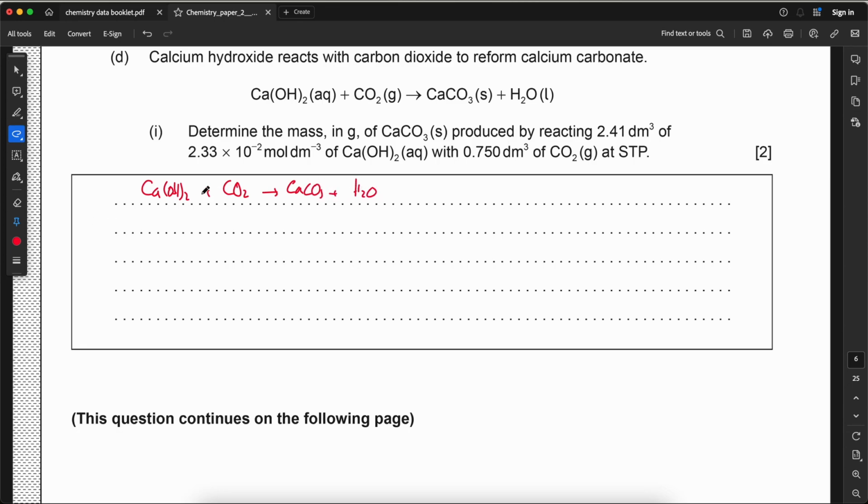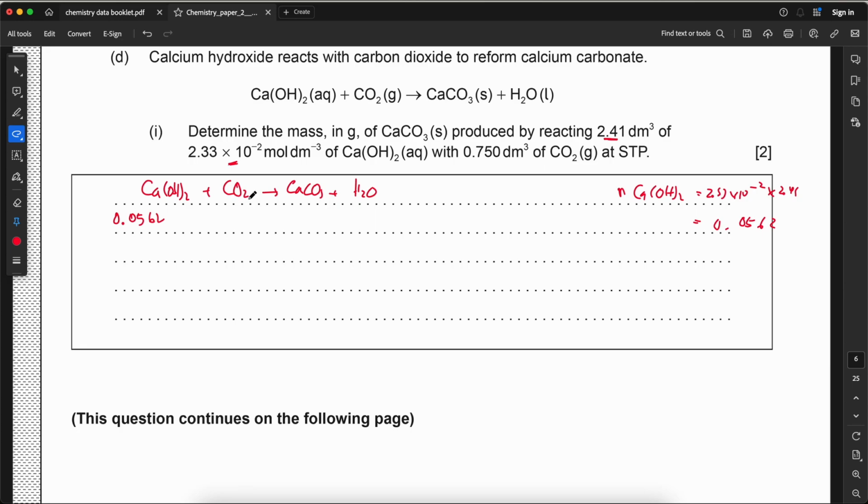Okay, so for mole of Ca(OH)2, the volume is known, concentration is known, so that would be 2.33 times 10 to the power negative 2 times 2.41. You will get 0.0562 mole.